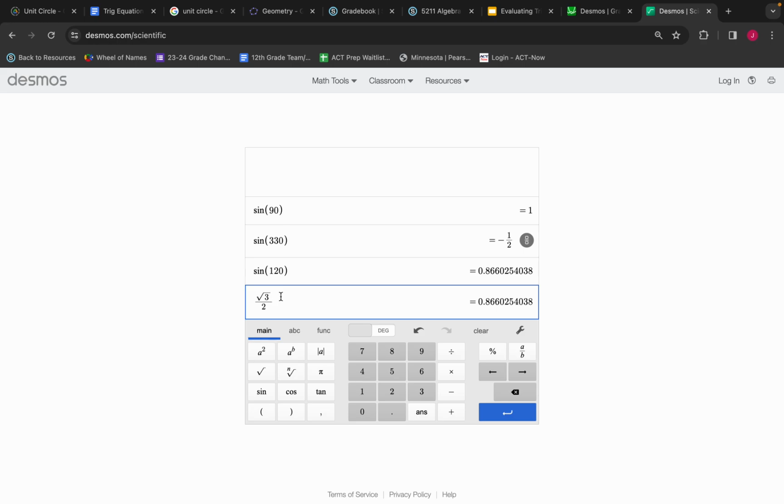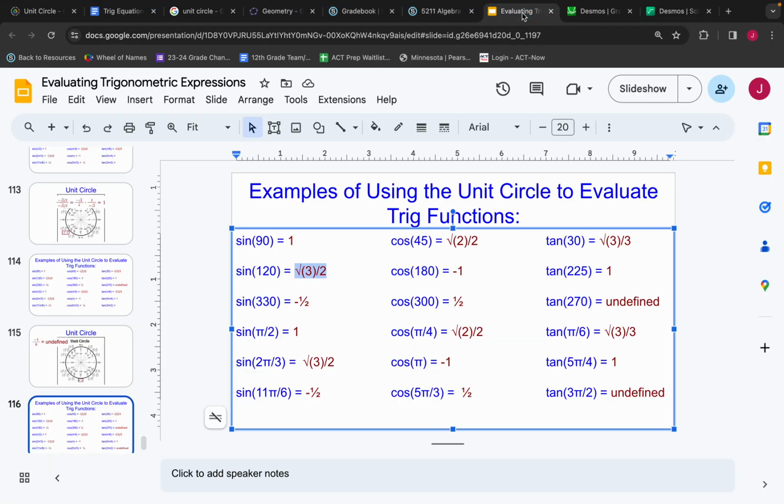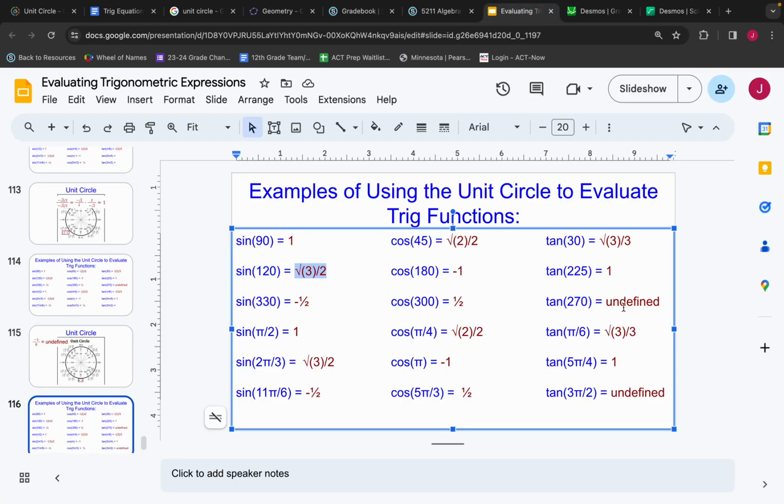Okay, we're going to leave it at that for today, and you can do the same thing with tangent and cosine. Let me just show one of those real quick. If I do the tangent of 270, you can see that that's undefined, just like it says on here. Tangent of 270 is undefined. I can do the same thing with cosine.